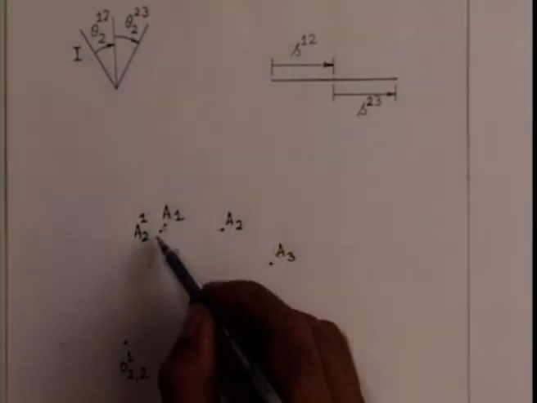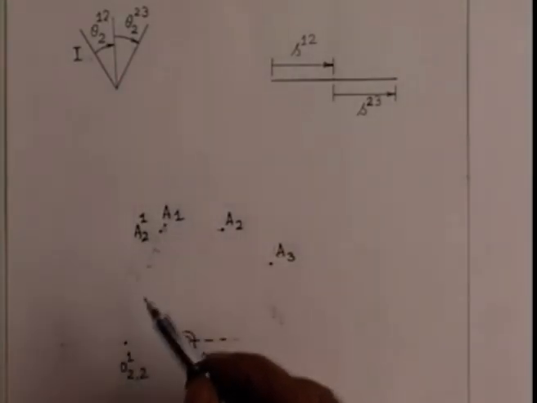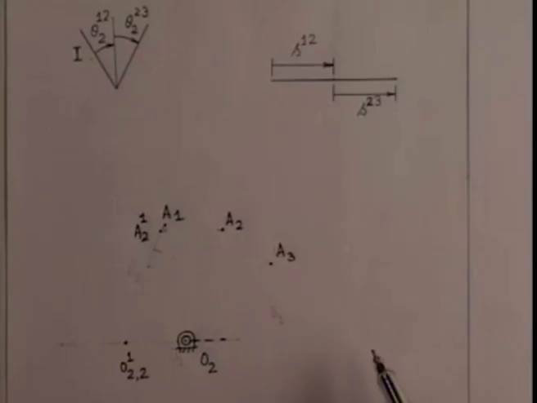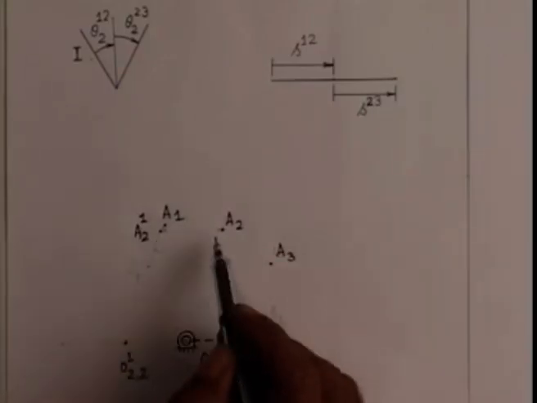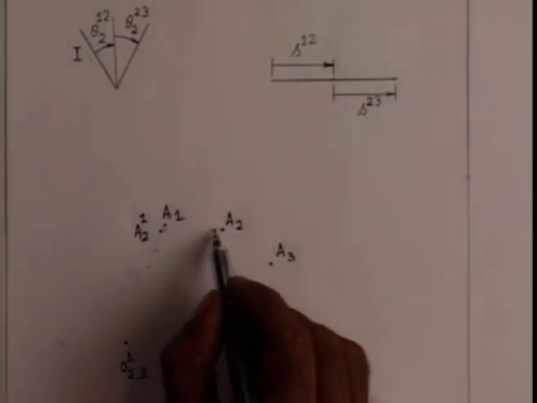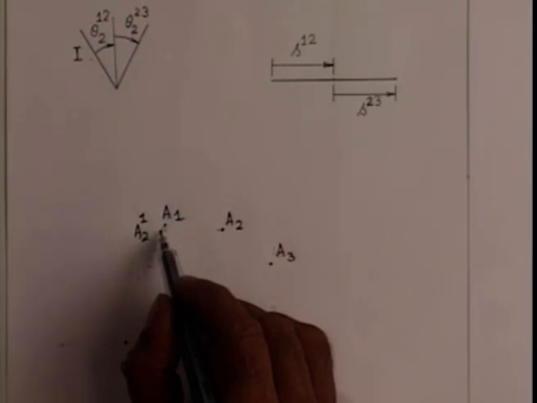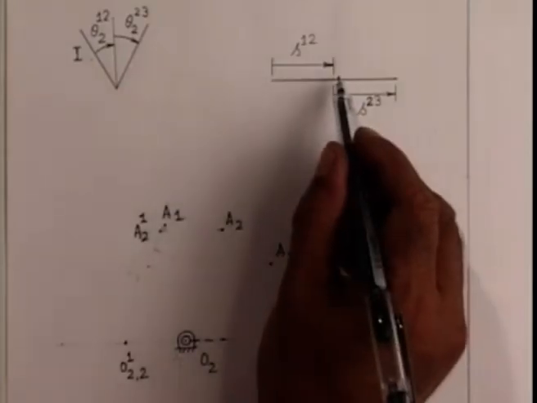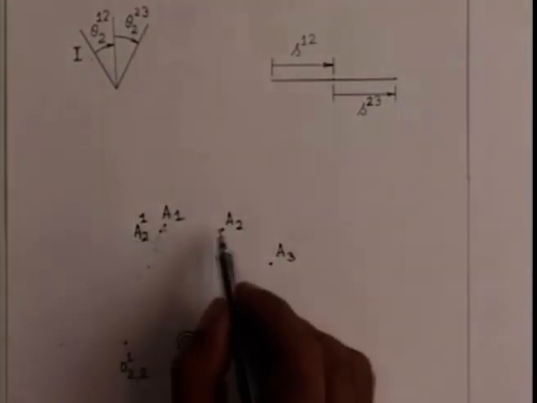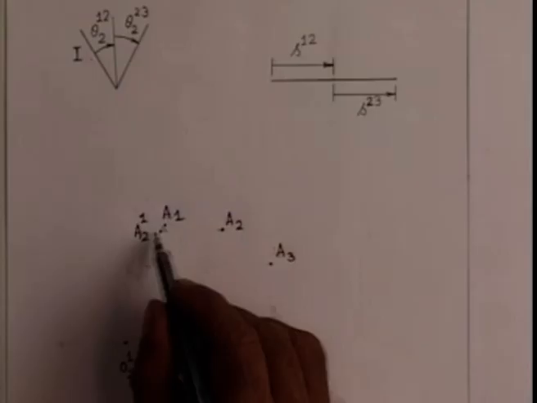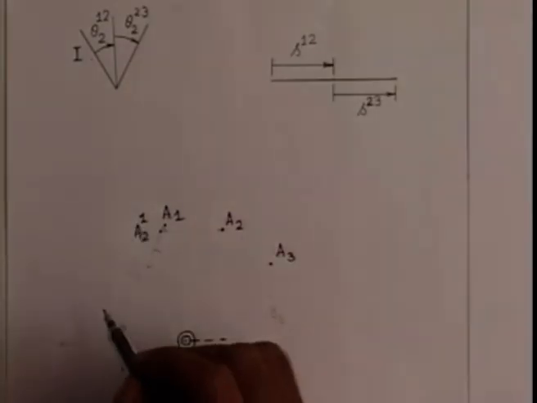A1 and A21 are coming out very close. As we have seen in case of the 4R linkage, A21 can be easily obtained by sliding A2 by minus S12. A2 you move to the left because S12 is to the right, minus S12 is to the left. So I move horizontally the point A2 and I get to A21.